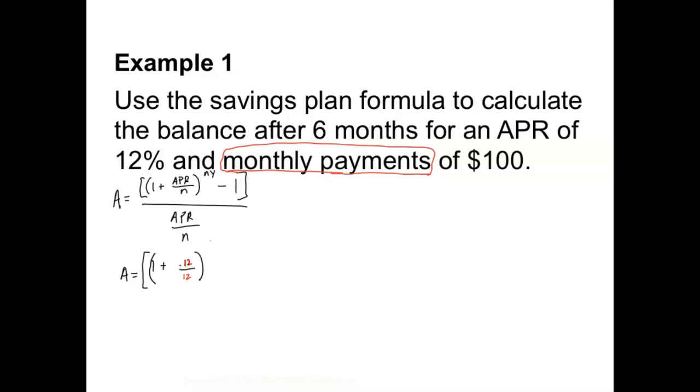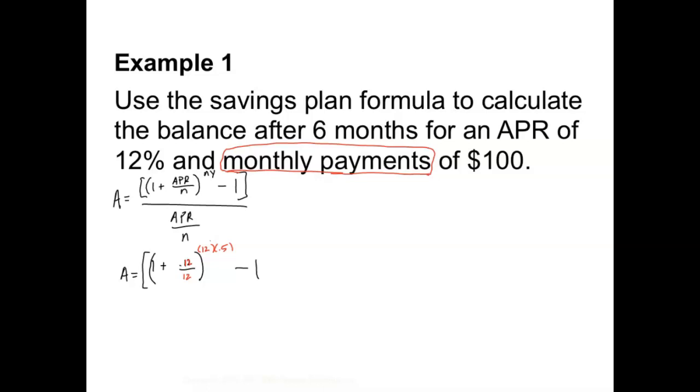And this is to the power of N times Y. Here's another question. So we already know that N is 12. If Y is the number of years, in this case, how many years am I saving for? What value should I plug in for Y in this example if I want the balance after 6 months? Yeah, 1/2 or 0.5. Perfect. So 0.5.